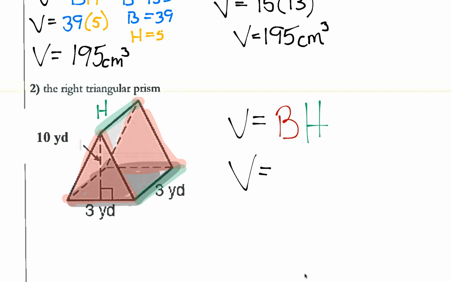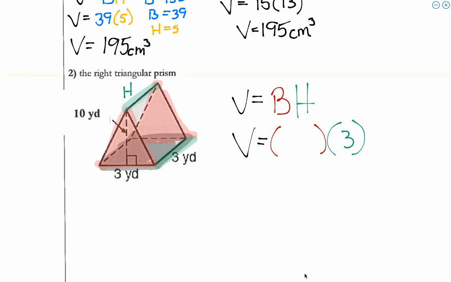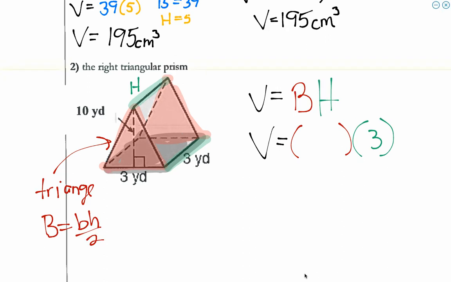So volume equals, my height is 3. And my base, since it's a triangle, B equals B times H divided by 2. So I'm asking myself, what is the base of the triangle? 3.